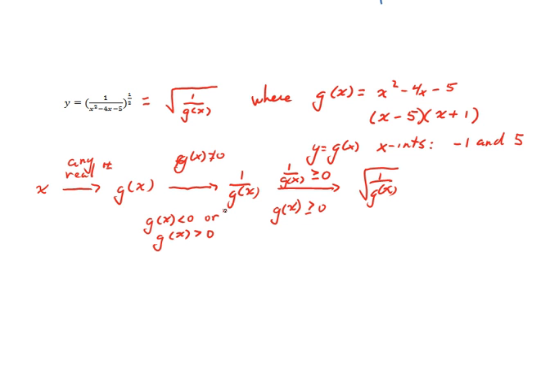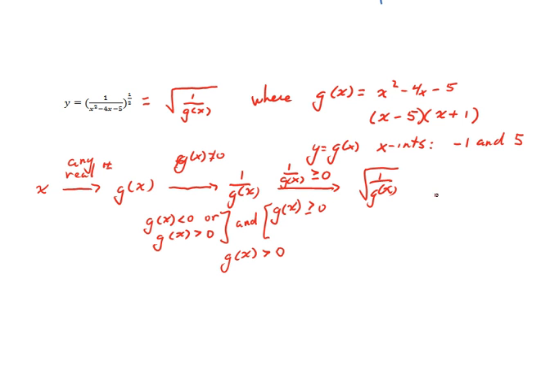But since both of these conditions must be true, g of x must be greater than or equal to 0, but g of x cannot equal 0, we know that the restriction is that g of x must be strictly positive.